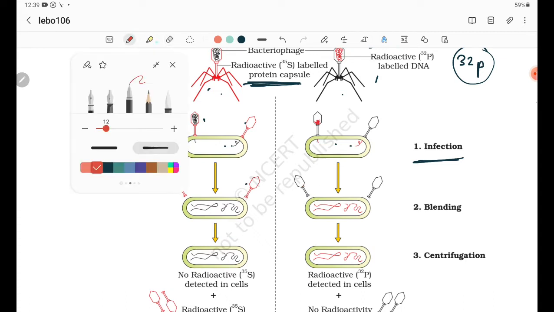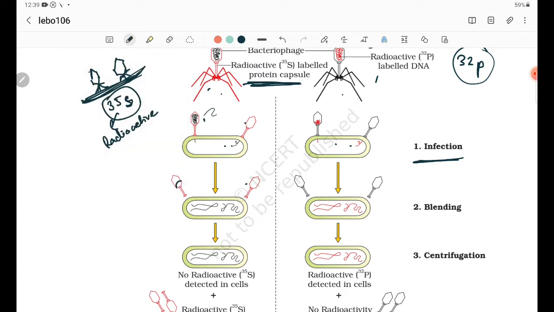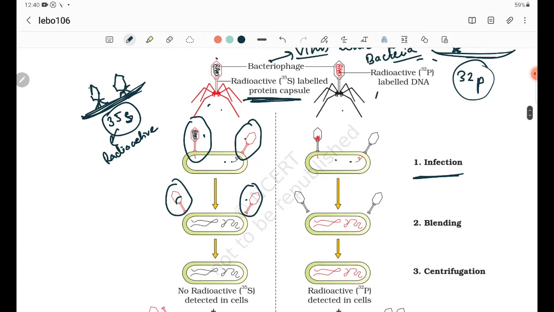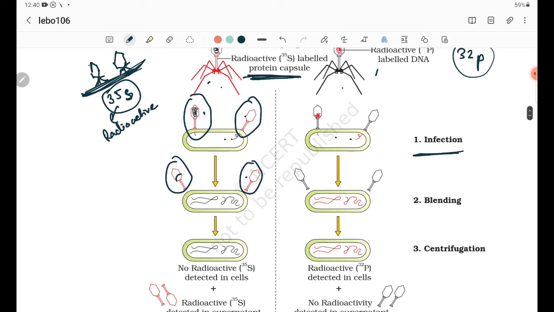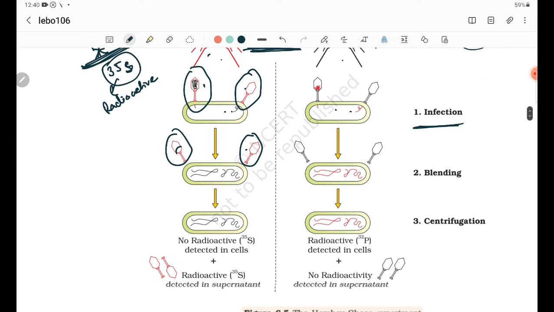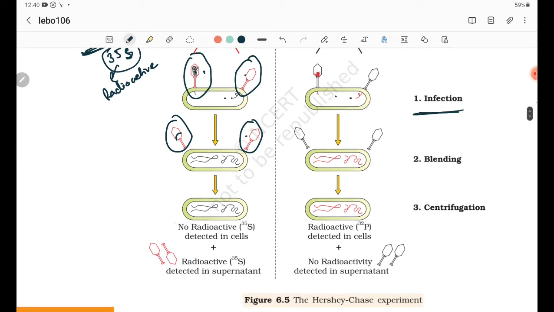The new NCERT doesn't have this problem. So here the protein capsule is radioactive, right? So the DNA is not radioactive, right? So no radioactivity is detected in cells because DNA was not radioactive.